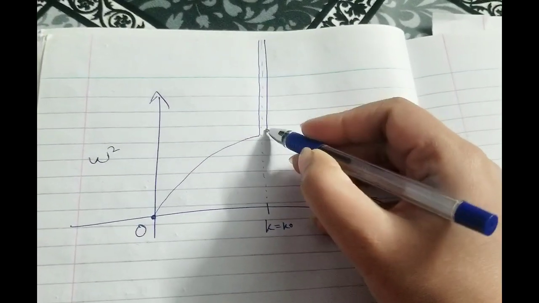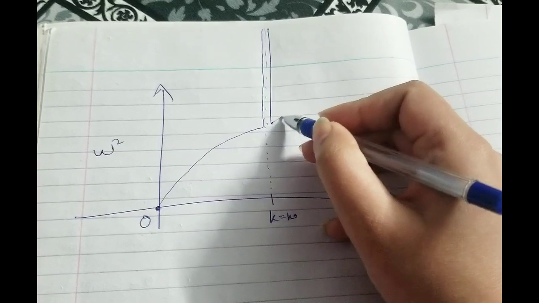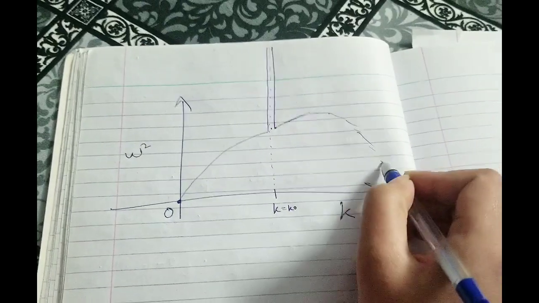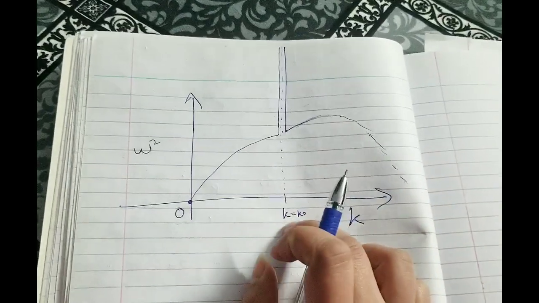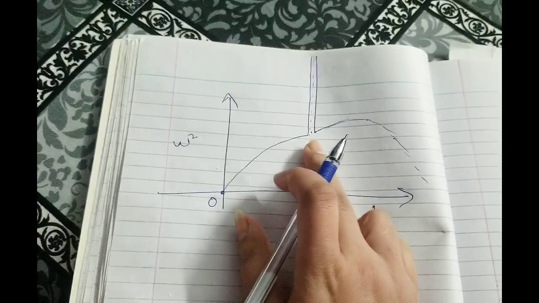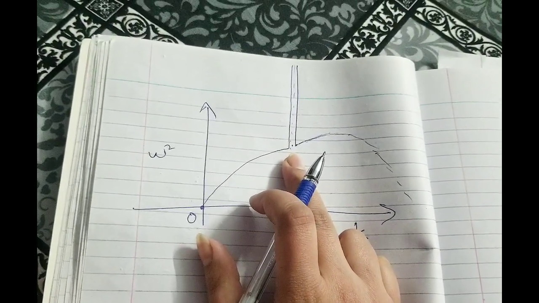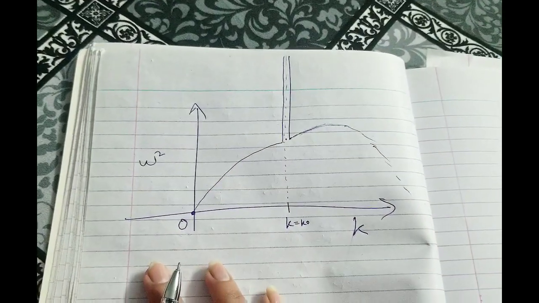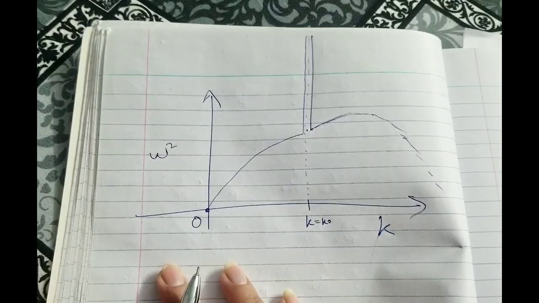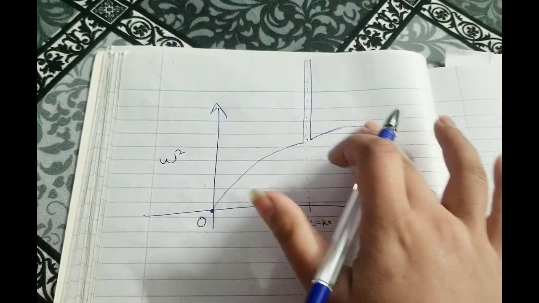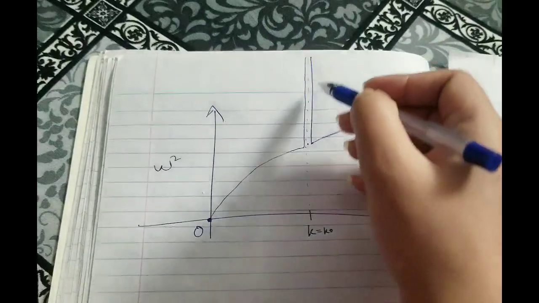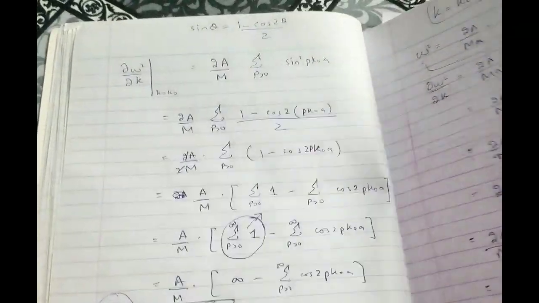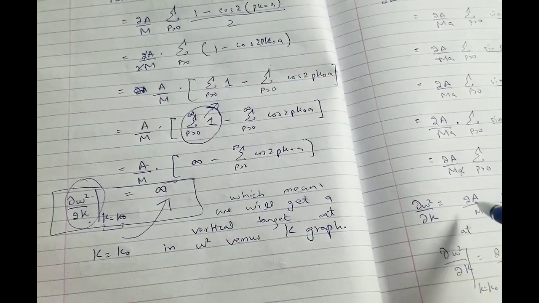Right after k is equal to k naught, it will continue to vary as it used to, but specifically at k equals k naught, it will show a point of discontinuity where the graph will have a kink, while all the rest of the points will not be discontinuous, and there will be a continuous graph, but at this particular point it will be discontinued. So that is something that we needed to find out, and we did it. I hope you understand it.